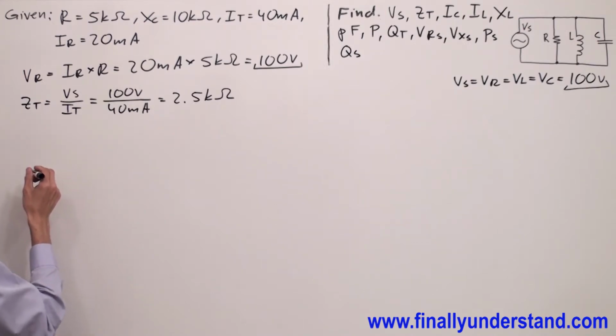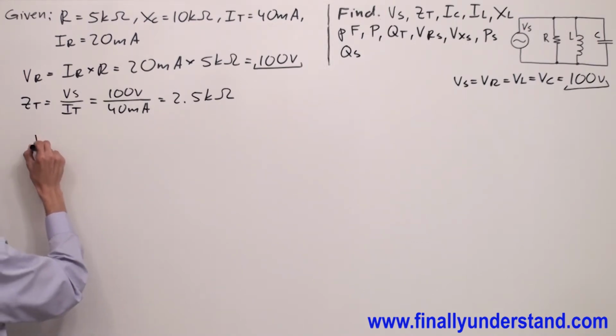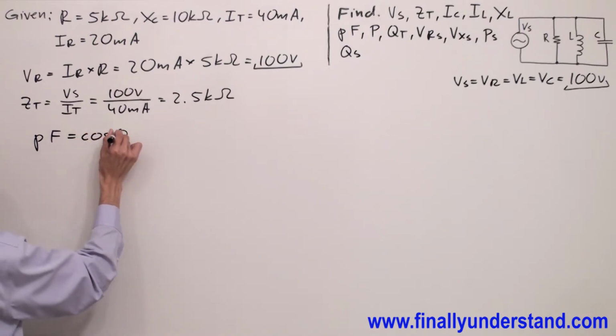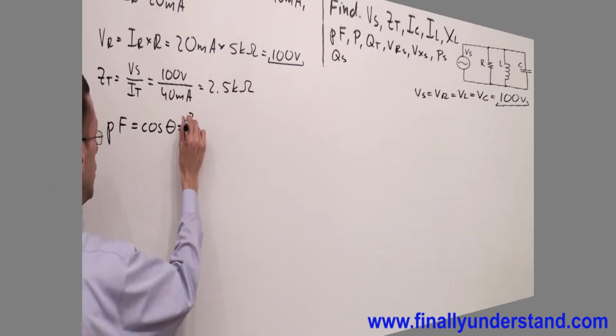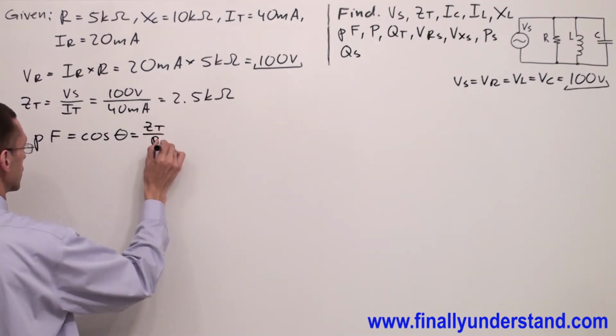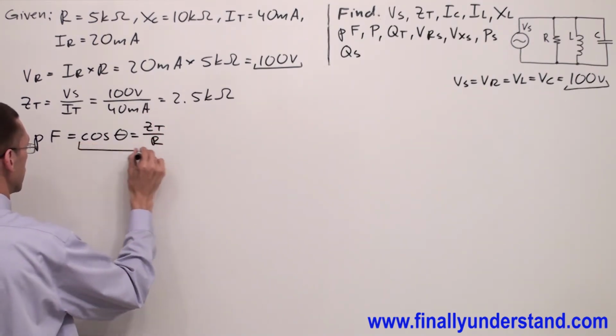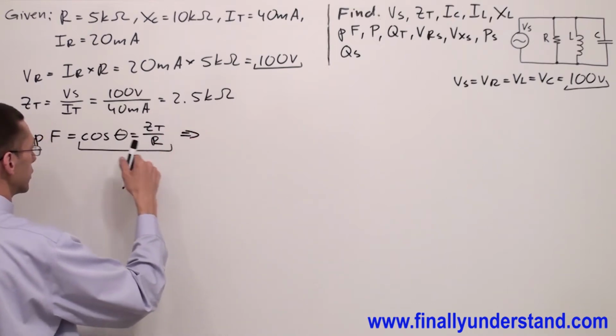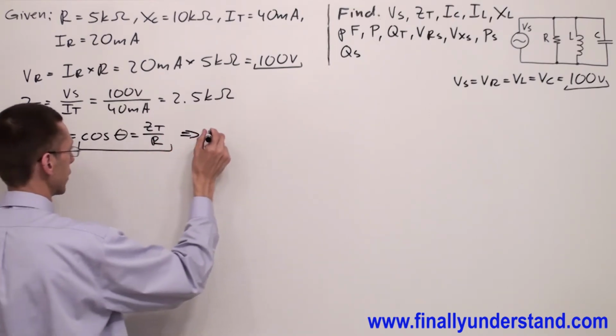So in order to do so, we're supposed to use the formula for power factor, which is equal to the cosine of angle theta, and this is equal to Z total over resistance. We're supposed to use just this part of the formula and solve it for theta.